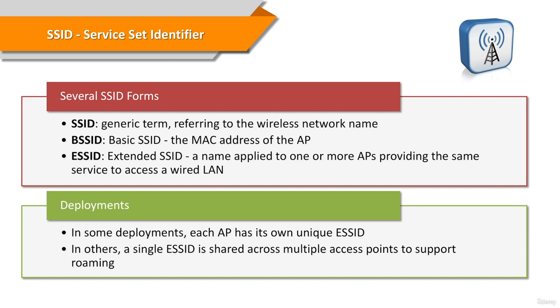In some deployments, unique ESSIDs are applied to each individual access point. In others, all access points that offer access to the same wireline network are given identical ESSID values to help foster roaming between the various access points. But generally speaking, when analyzing wireless LANs, we want to discover the BSSID, the MAC address, and the ESSID, the name applied to the wireless network as a whole, with a unique value typically applied to each individual access point.